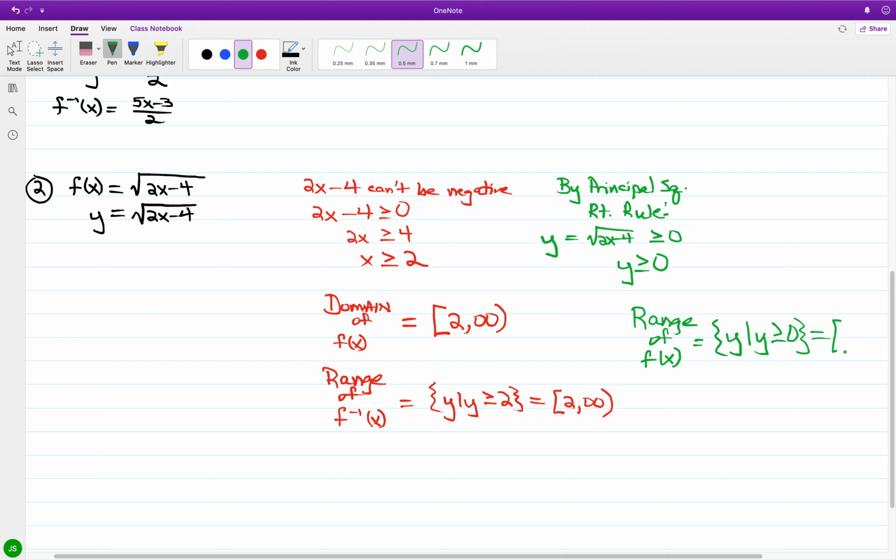And in interval notation, we have values of y going from and including 0 on out to infinity. And what we have in y for the function, we will have in x for the inverse.